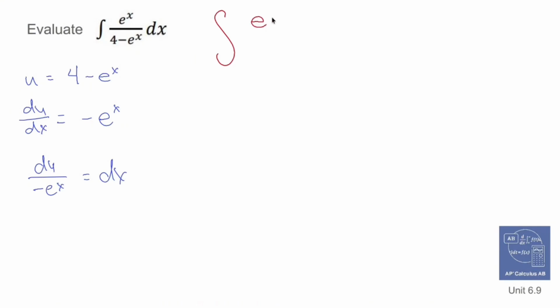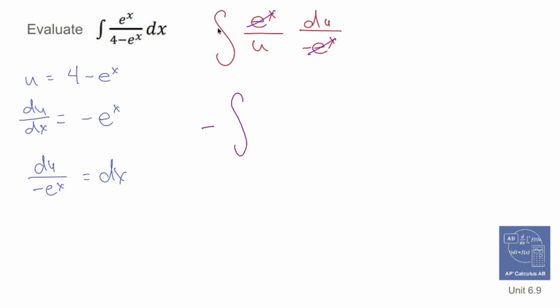Now let's do some replacing. Integral of e to the x over u times du over negative e to the x. Now we're integrating with respect to u. The e to the x go away, and let's bring a negative out front.